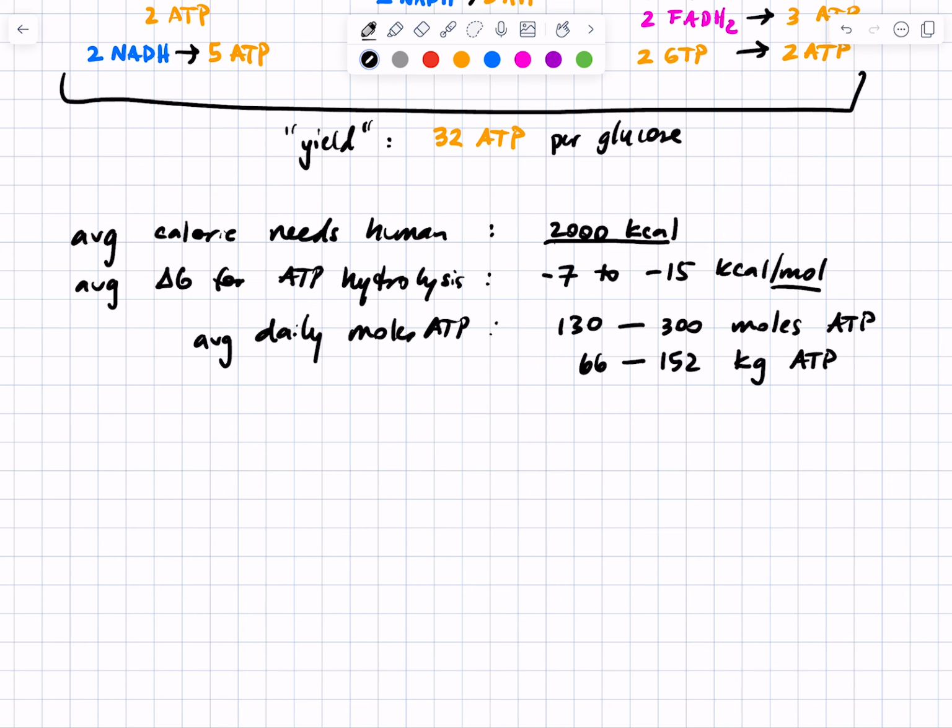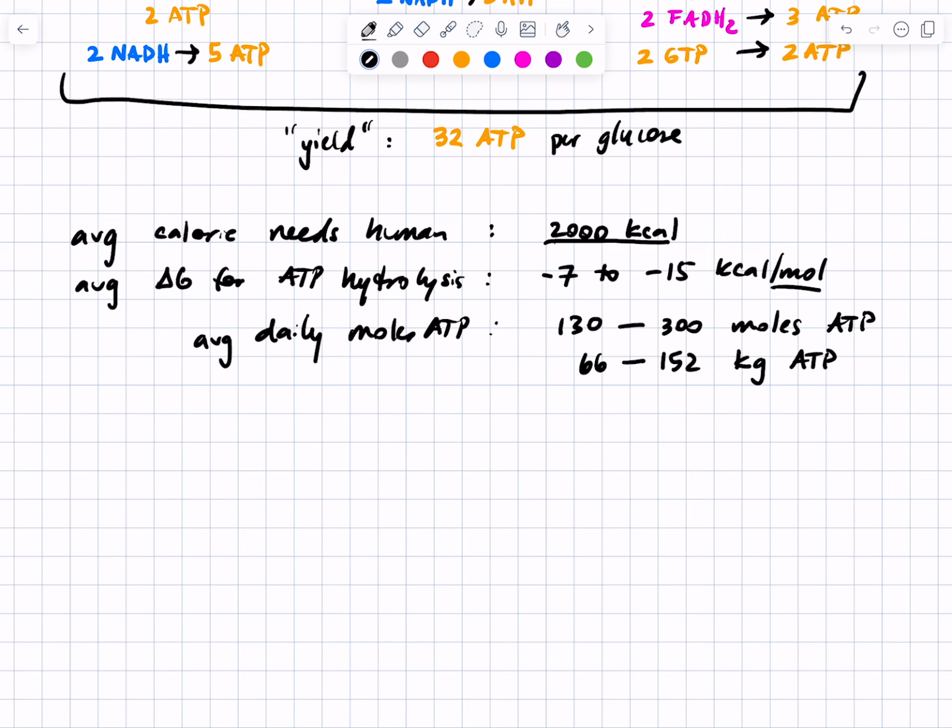If you're like me, you're composed of a ton of water, some muscle, and then a fair number of triglycerides that I'm carrying around the middle. So that means that you don't actually have all of that ATP in your body to spend one at a time. So we can actually figure out how many times your body has to recycle through that to take care of your energy needs.